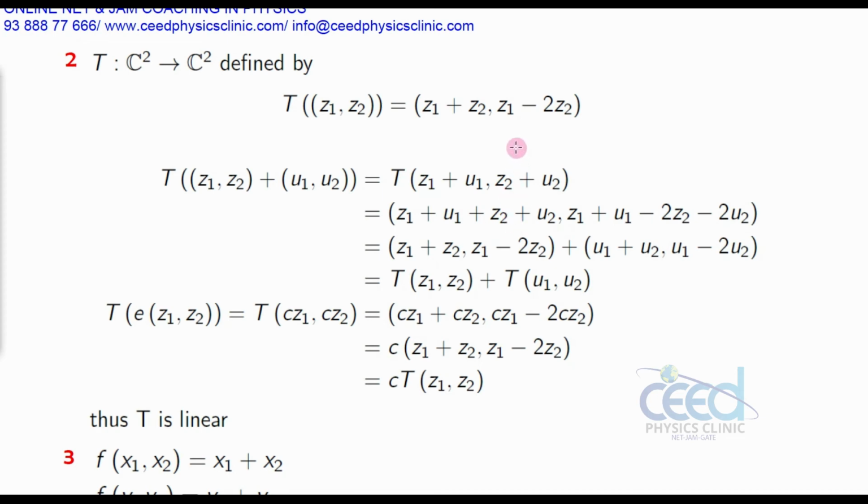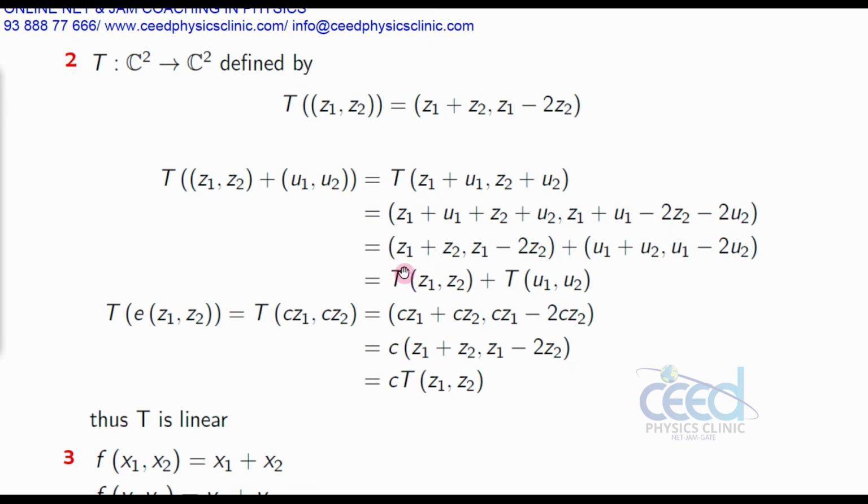We want to write z1 − 2z2. Since z1 is z1 plus u1, you can write u1 plus z1 minus 2z2, and in terms of z2, minus 2z2 minus 2u2.